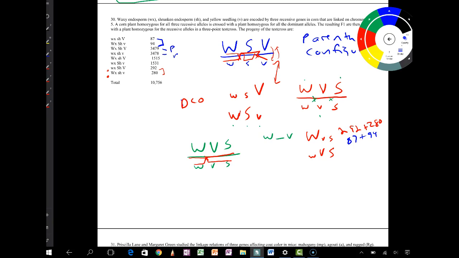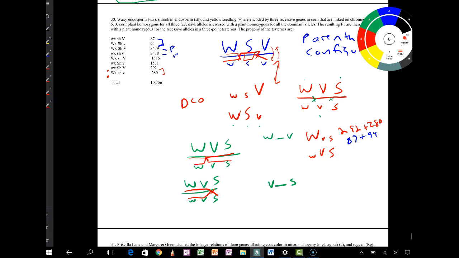The distance between V and S. So I'll write this over here again so we can try to follow those things through again. Now we're looking for a crossover between V and S. Big W, big V, little s.